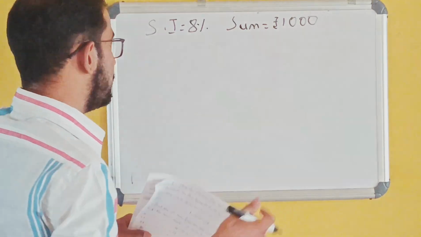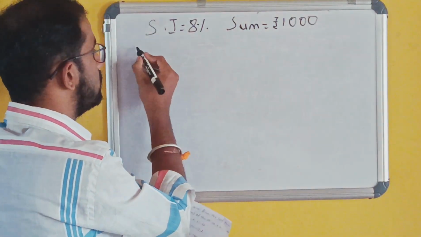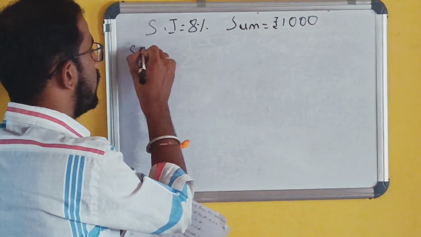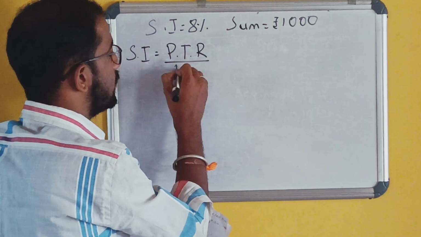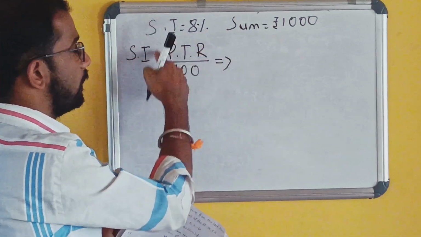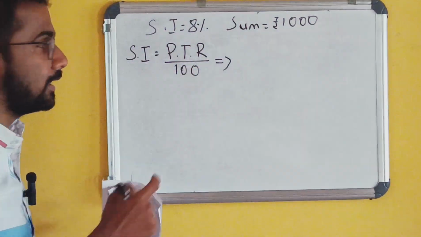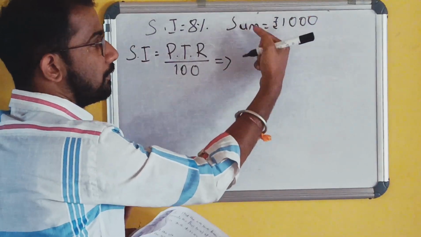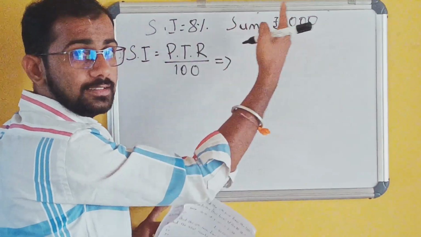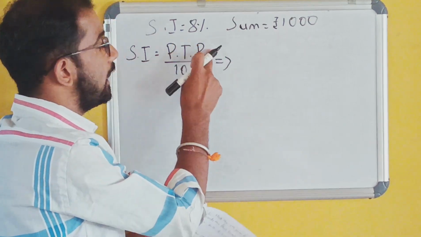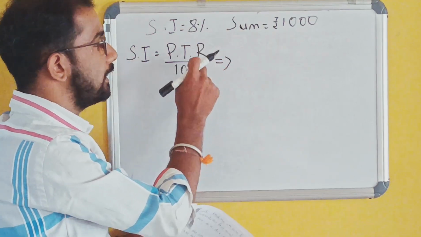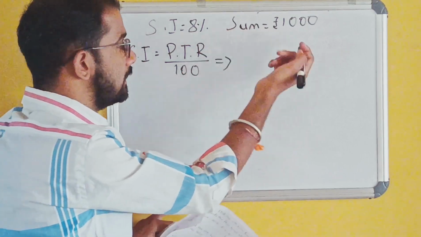Let's see. Before starting the actual problem, see here, the formula to find the simple interest is PTR upon 100. P is the principal, that is 1000. T is the time interval. R is the rate, that is R by 100, that is 8 by 100.